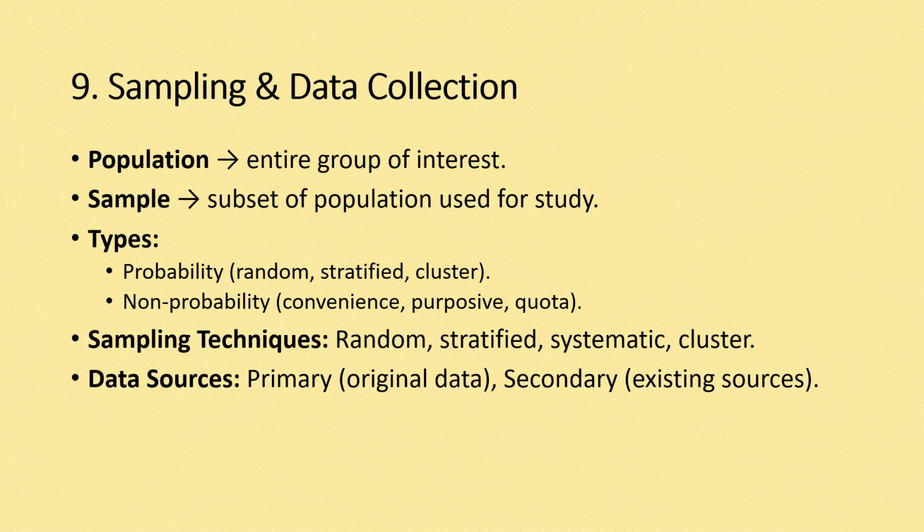Sampling and data collection. Population: the entire group of interest is called a population. A sample is a subset of the population used for the study. There are various types. Probability sampling includes random sampling, stratified sampling, and cluster sampling.